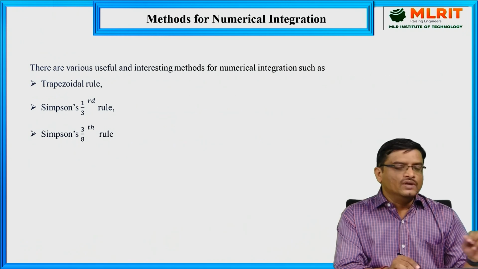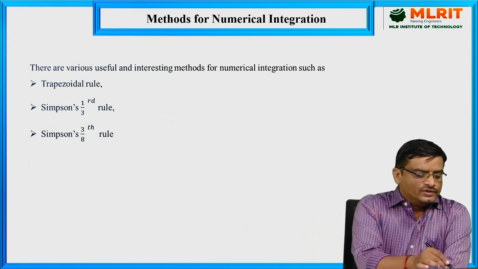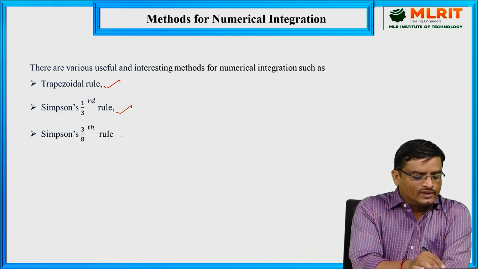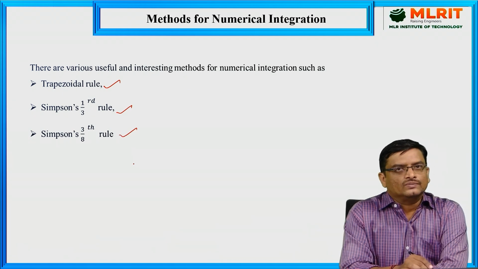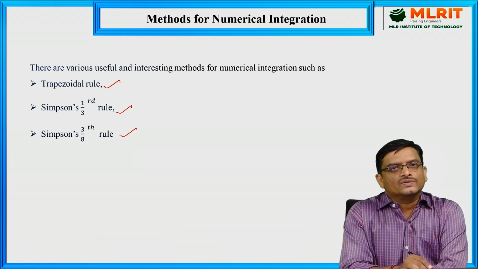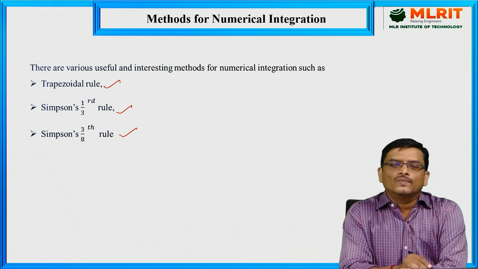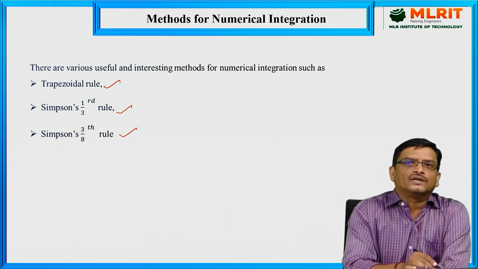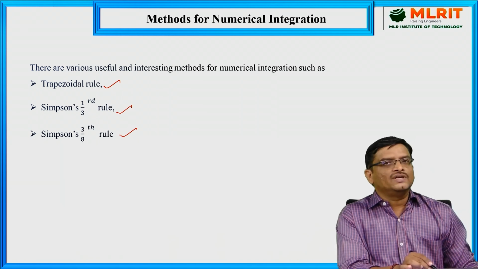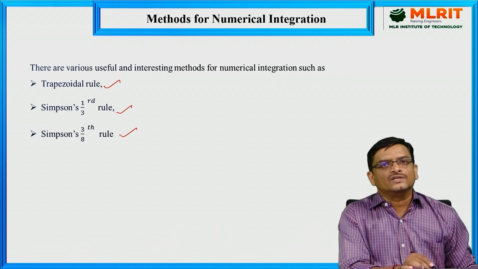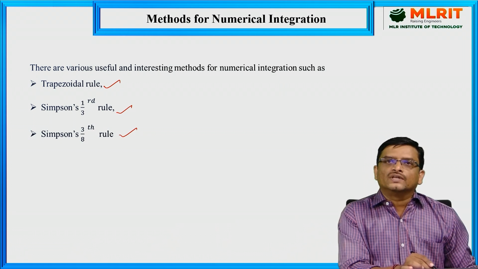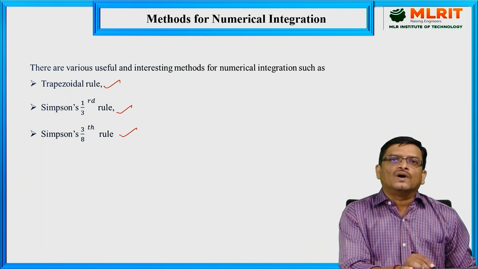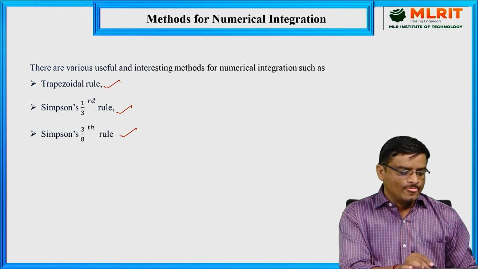In our syllabus we have the trapezoidal rule, Simpson's 1/3 rule and Simpson's 3/8 rule. Using these three methods, we will see how to evaluate the given integral. First we will take the standard formulas one by one, and then we will go for problems on how to use these formulas to find the integral values.